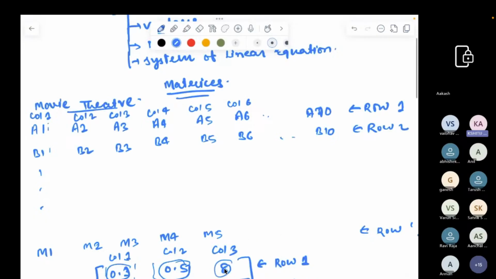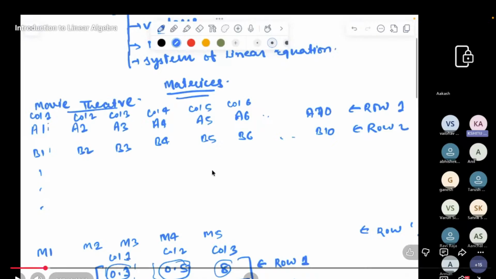Okay, we can move ahead. And also we just learned what square matrices are. Any matrices which have the same number of columns and rows are square matrices. Let's move on.